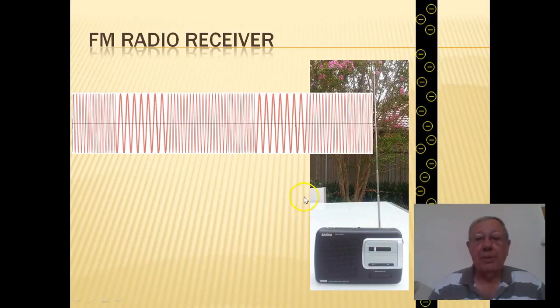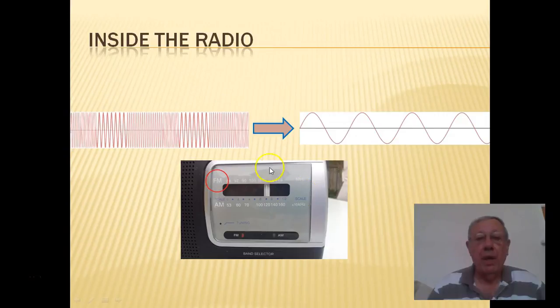What happens is something slightly different. What the radio does now is it works out how much the increase in the frequency was here, and if the frequency is higher, it creates a wave like this, or a current like this.